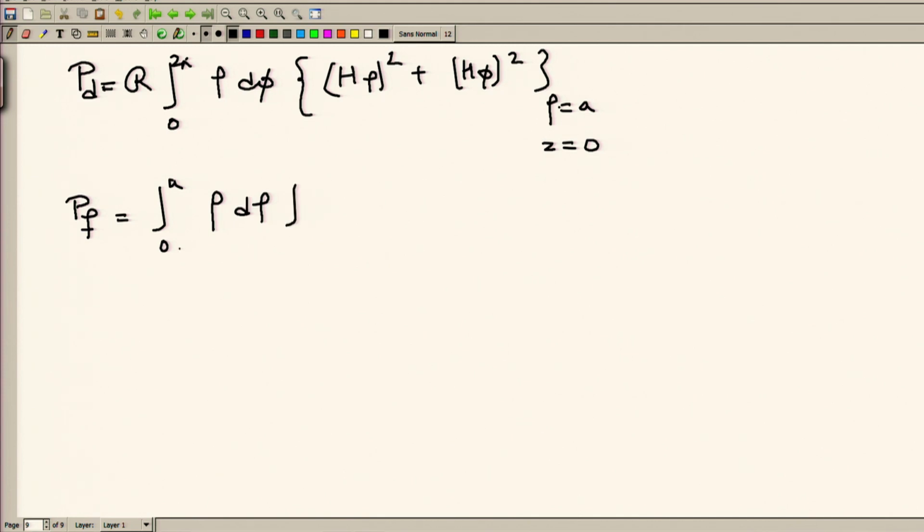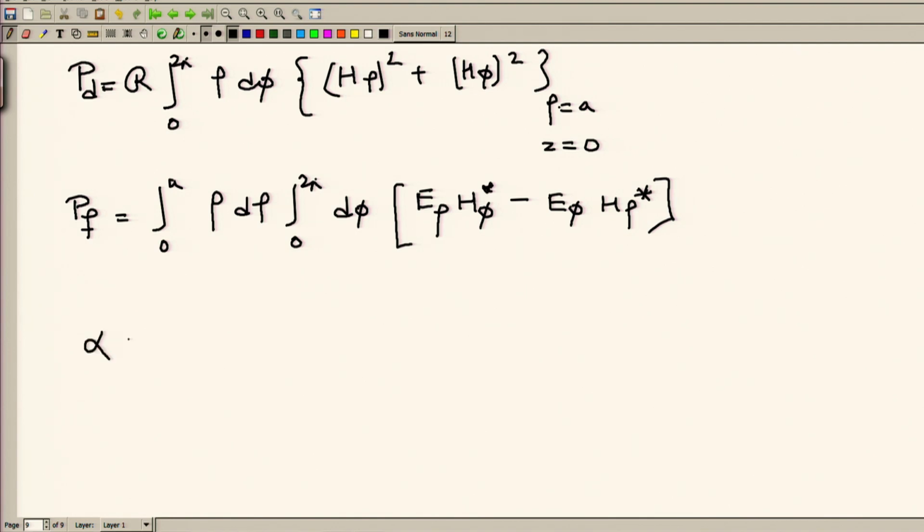The integration will be from 0 to a rho d rho, 0 to 2 pi d phi, of E rho H phi conjugate minus E phi H rho conjugate. Again, E rho, H phi, E phi and H rho are known, so we can substitute, and after calculating P d and P f, we get the attenuation constant as P d upon twice P f.